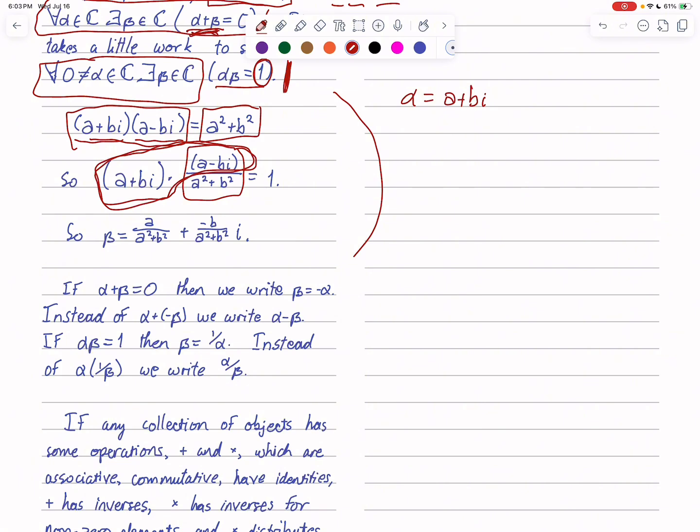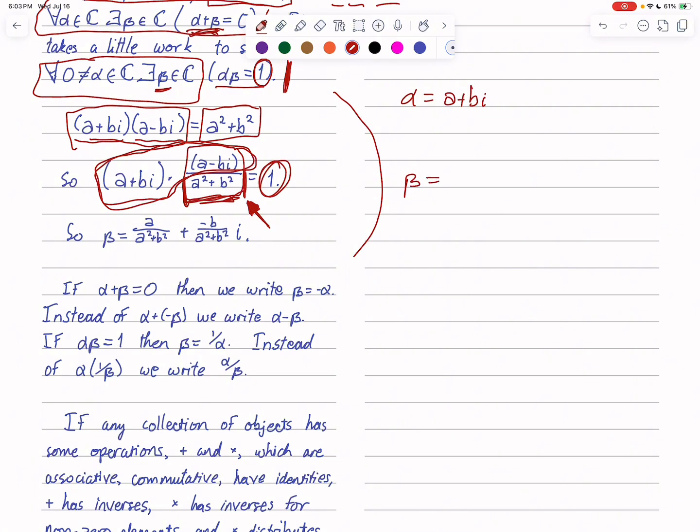If I'm then further dividing by a squared plus b squared, then the result is going to be equal to 1. So the claim here is that this number, a minus bi all over a squared plus b squared, is the inverse number. That's this beta that I was talking about earlier.